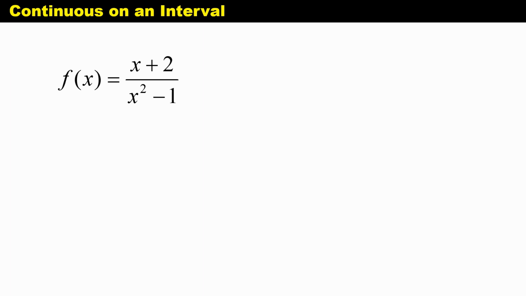So let us look at what values can make our denominator equal to 0. So let's focus on our denominator. So we have x squared minus 1. And we know that this is factorable, so we factor this out. This becomes x plus 1, x minus 1. This is just the difference of two squares.